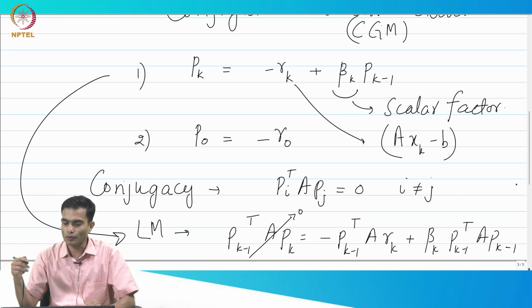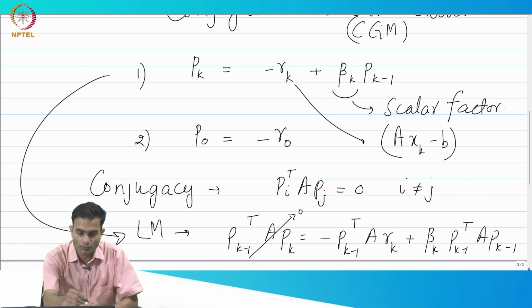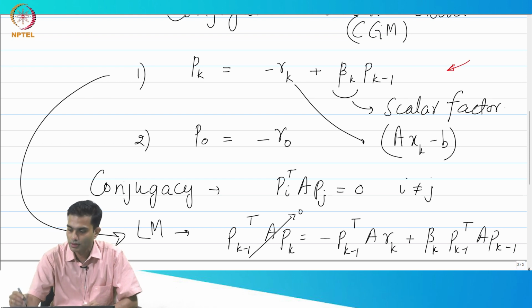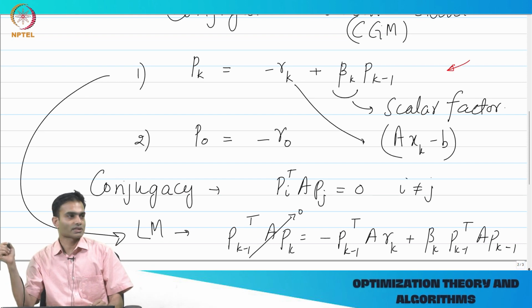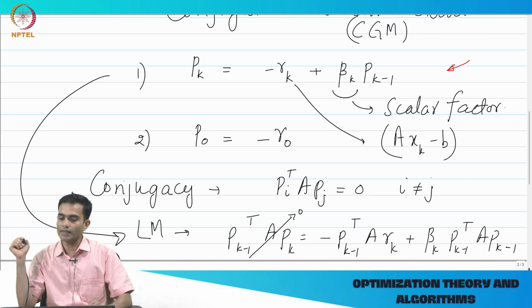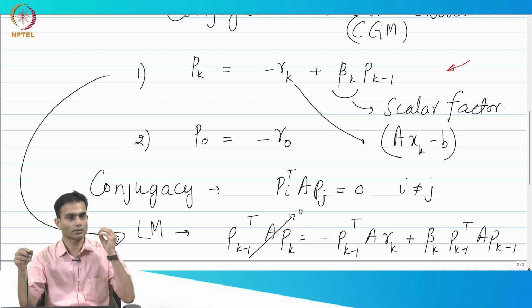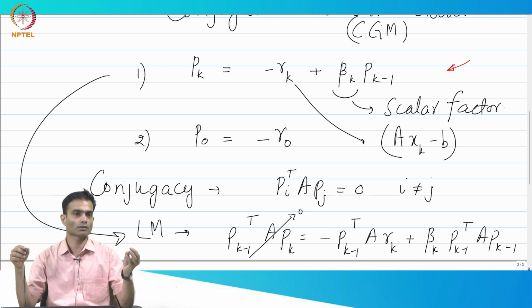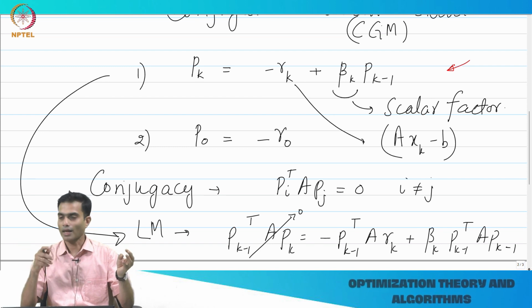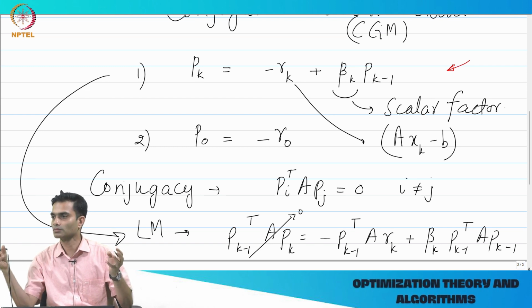So before we go into details, a little bit on what this expression means. The steepest descent was using only minus rk. pk was minus rk, that was steepest descent. But here, what am I doing? There is the immediate short term gain term, which is minus rk, and there is a term from the past.